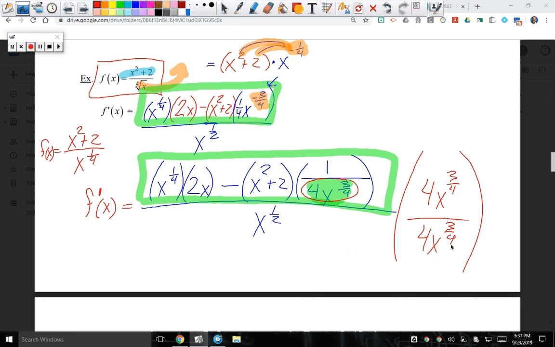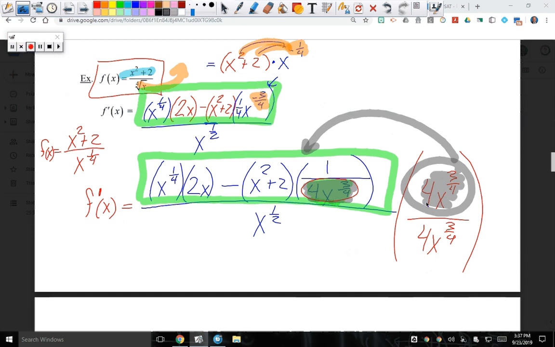Okay? If I multiply this here, what did I just cancel? I canceled this with this to a form of 1. I still have all of this left over, which is x squared plus 2. Go with me? So let's write that off to the side way up here. X squared plus 2.